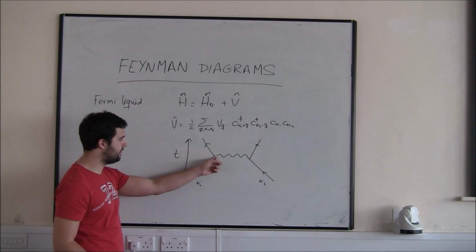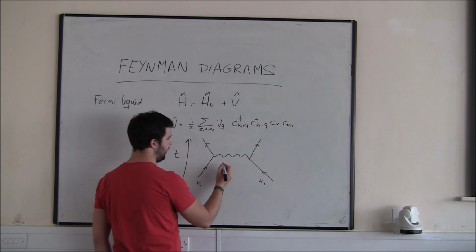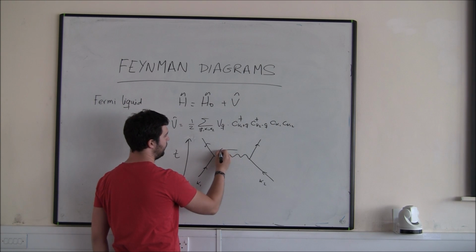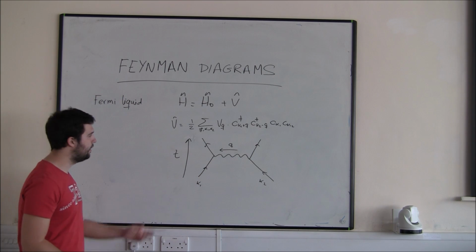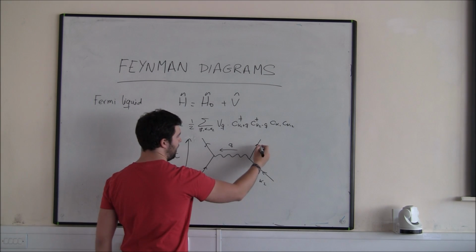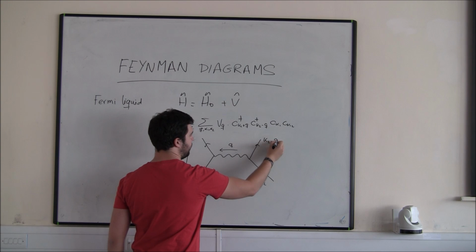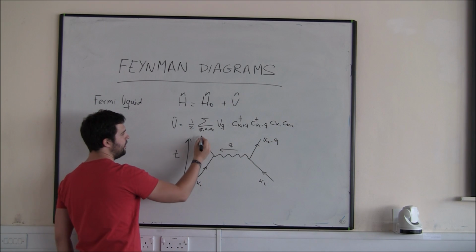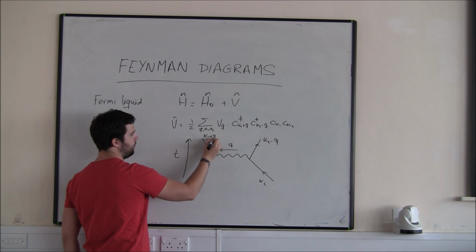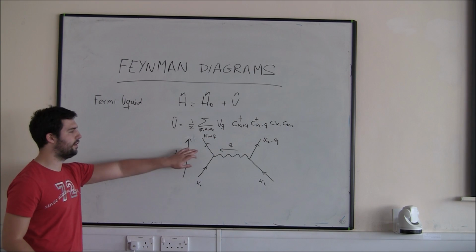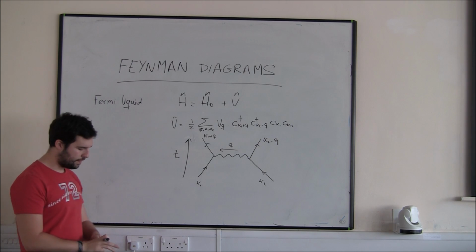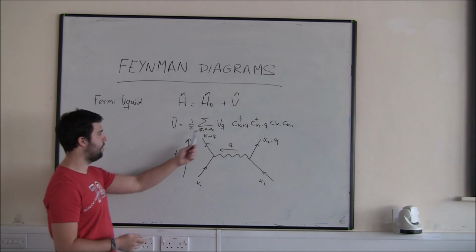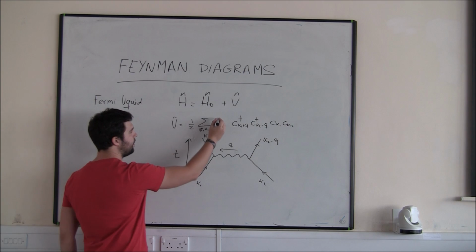At some point in time they interact and they exchange some momentum Q. From this particle, momentum Q passes to this one, and what we have now is a particle with momentum K2 minus Q because we've lost some momentum, and a particle with momentum K1 plus Q because this particle has gained this momentum. So this is a simple example of a Feynman diagram describing this term.